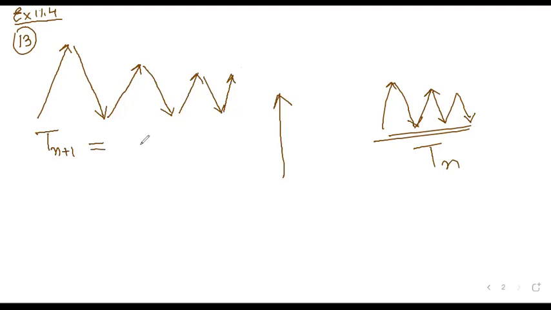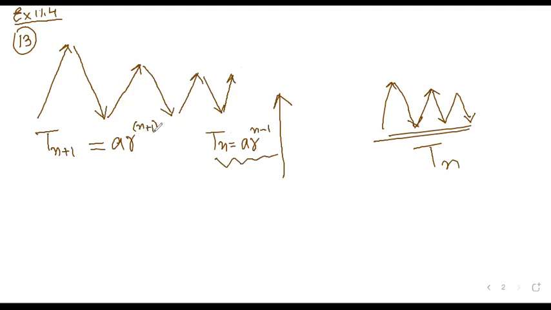So basically, what is Tn? Tn is a r power n minus 1. So Tn plus 1 will be equal to a r power n.